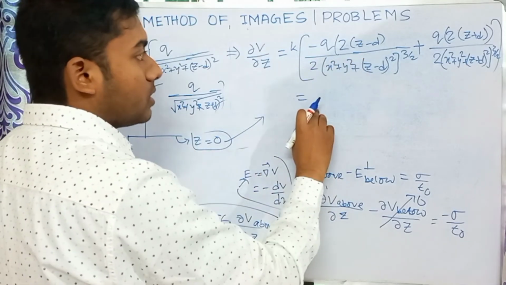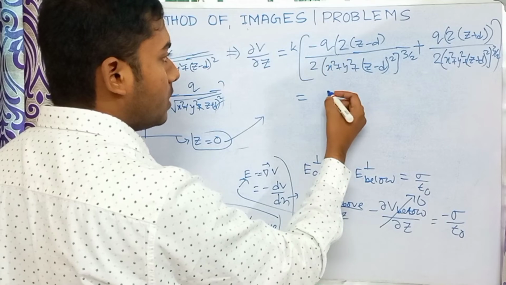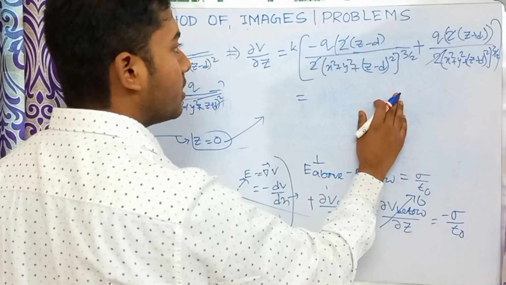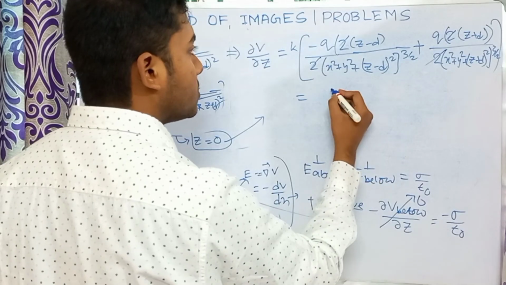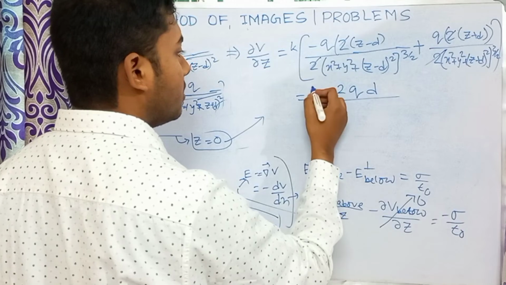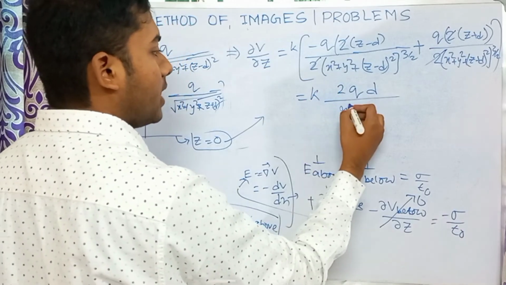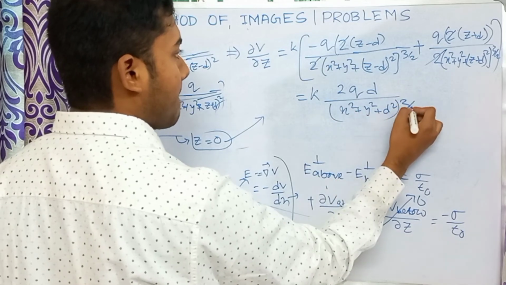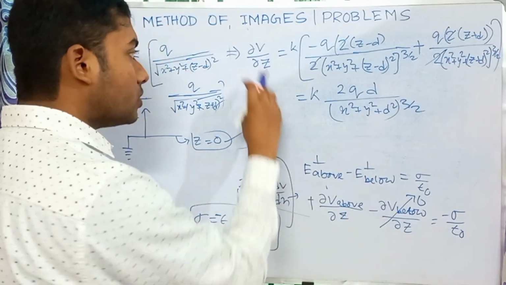Putting z equals 0, these two will cancel out, and this will be 2qd divided by x square plus y square plus d square whole to the power 3 by 2.